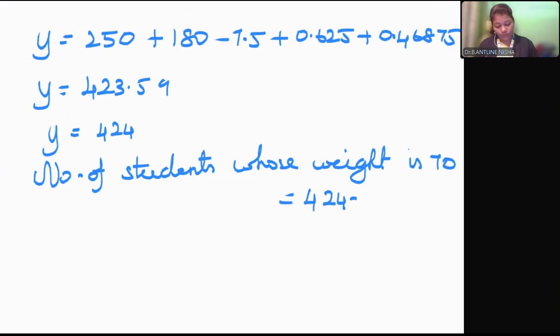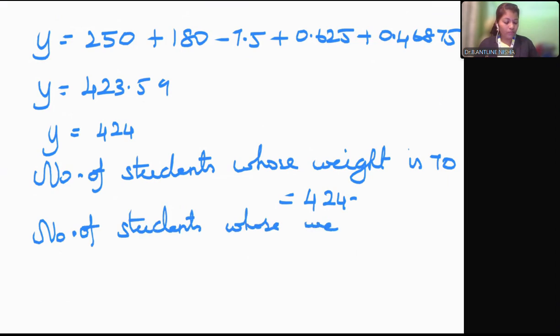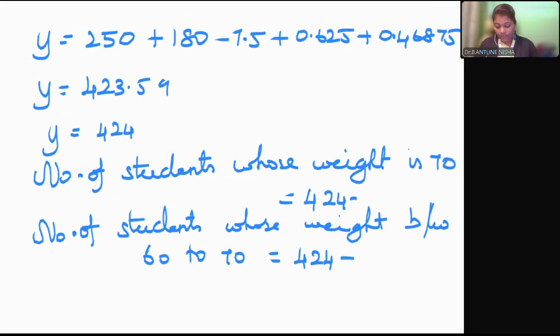So what can we do? The number of students whose weight is between 60 to 70 is equal to, that is what you have to do, you have to subtract 424 minus 370.